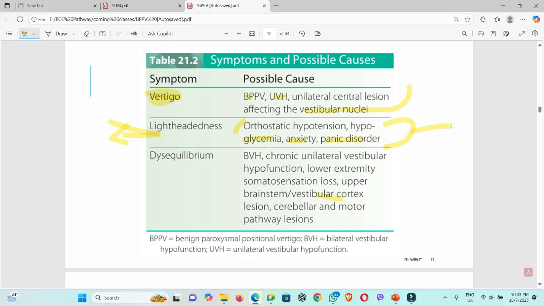Anxiety. Hypoglycemia. Sir, panic attack. Hypoglycemia. I guess hypoglycemia, guys. You have read it. In hypoglycemia, there is perspiration, or is perspiration in hyperglycemia? Speak up, guys.